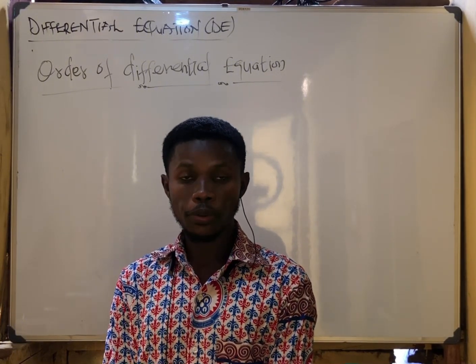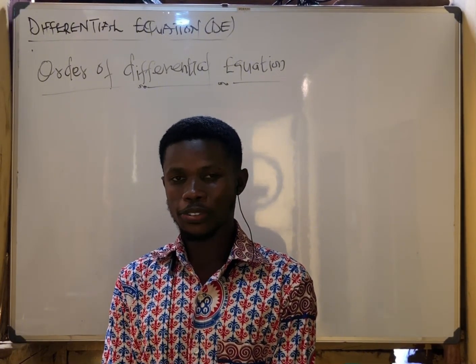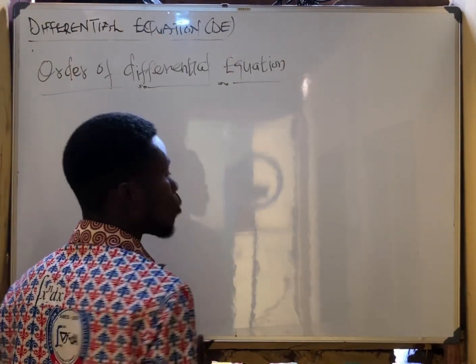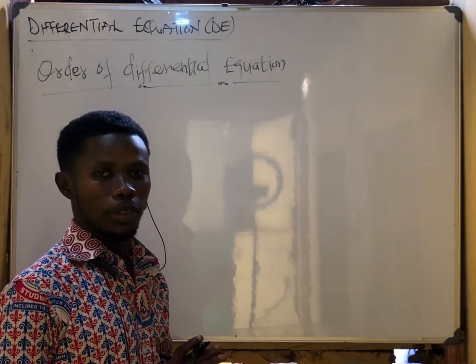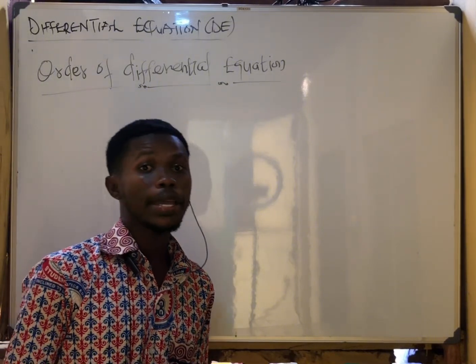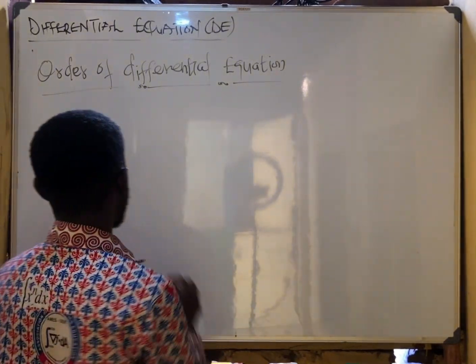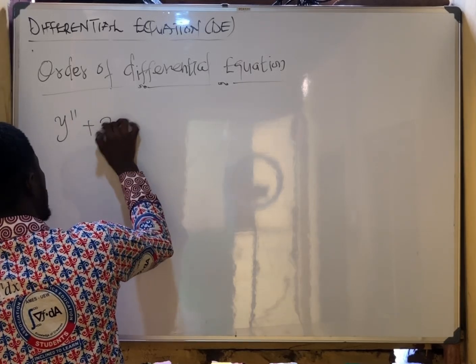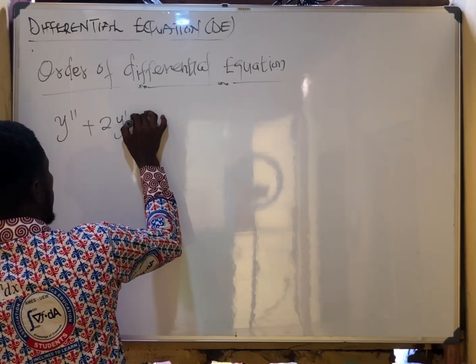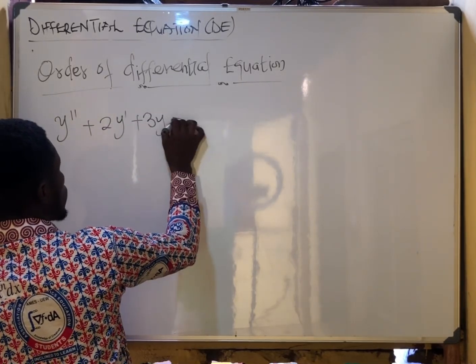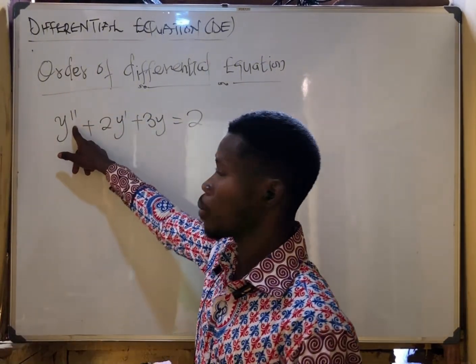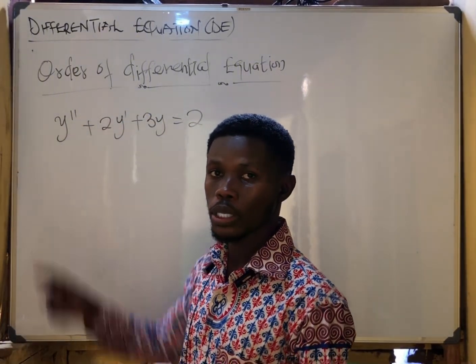This is very simple to identify. Is that okay? Now, let's take it this way. When we say the order of differential equation, it is simply the highest derivative. So, if I have y prime prime plus 2y prime plus 3y equals 2, the y prime prime here means we have differentiated this one twice.